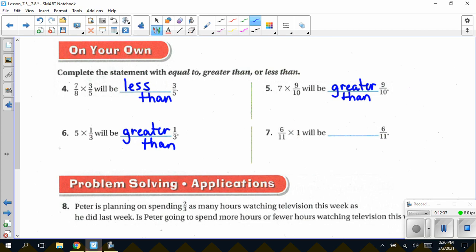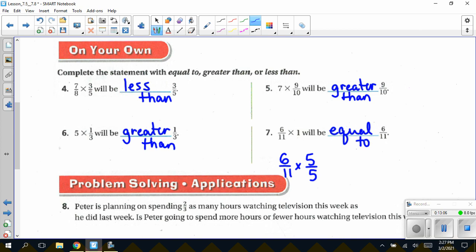And for number 7, 6/11 times 1. Well, I know that I'm multiplying a fraction by 1, and according to my rules, my answer will be equal to the fraction. Now on your homework, you may see, instead of having it multiplied by 1, it would be 6/11 times 5/5.